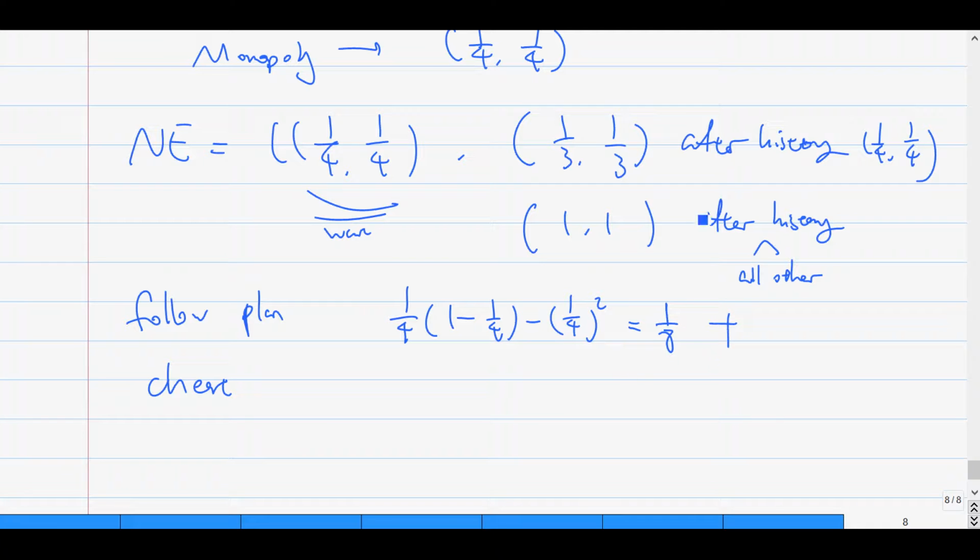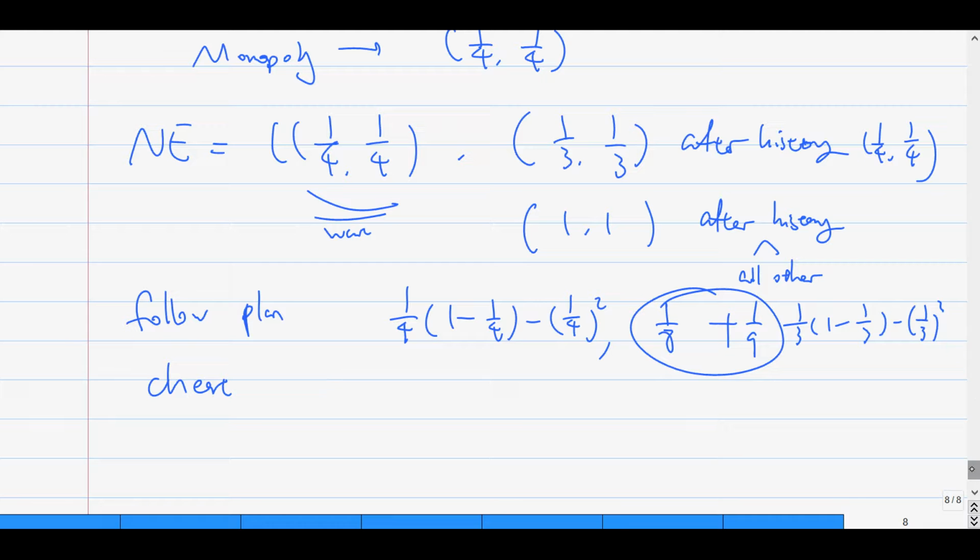Plus in the second round, I'll get 1 over 3, 1 over 3, minus 1 over 3 squared, so it's 1 over 9. So this is my payoff.